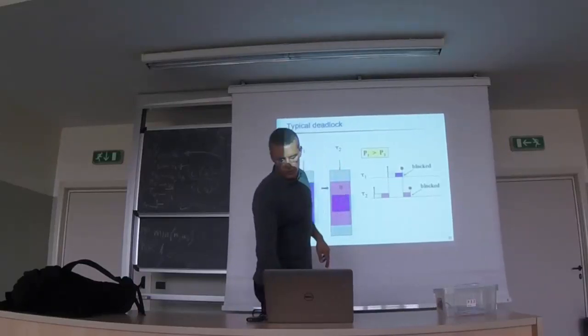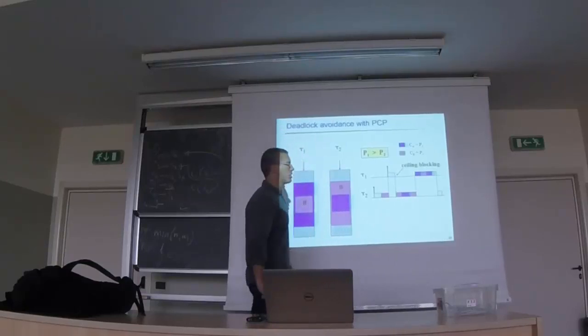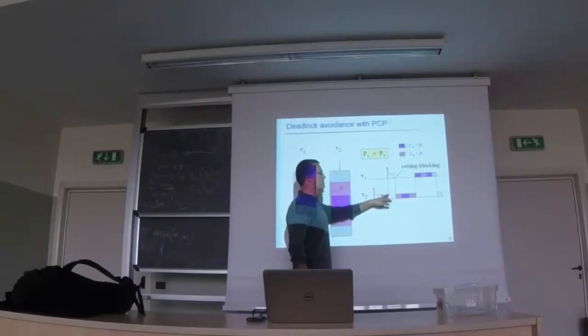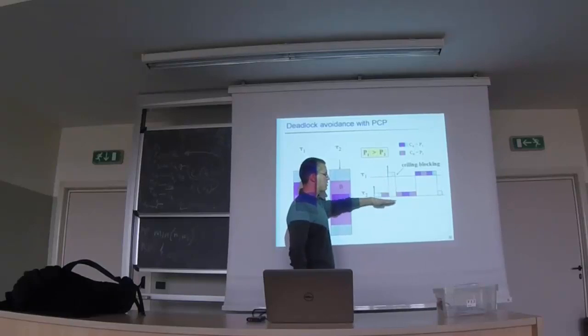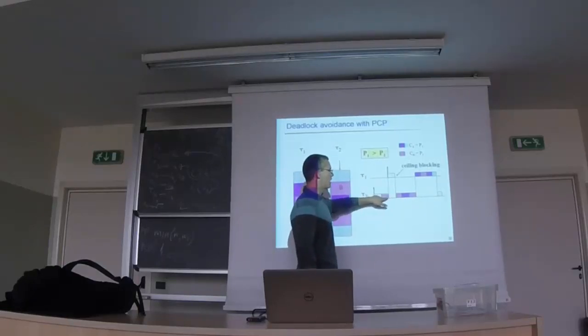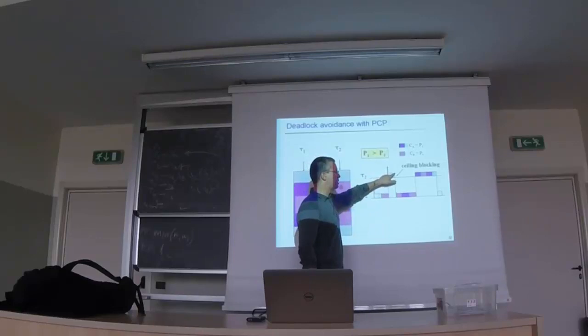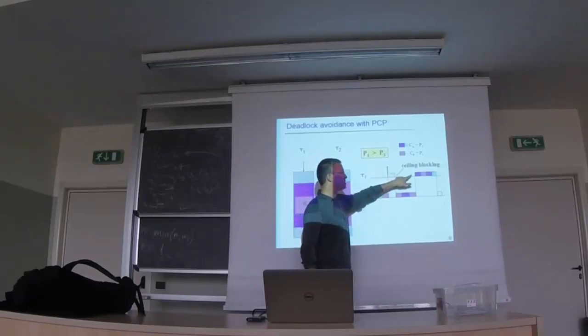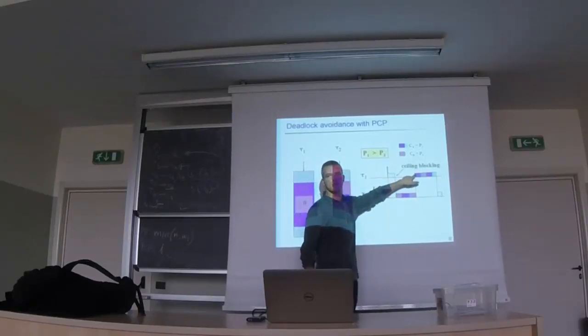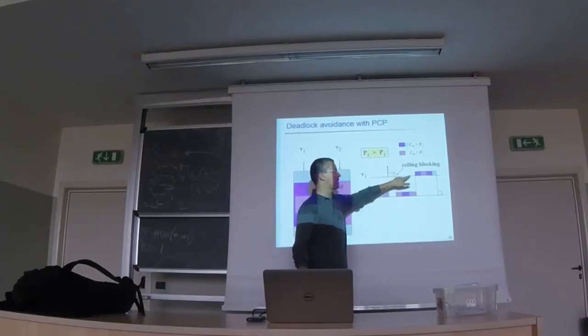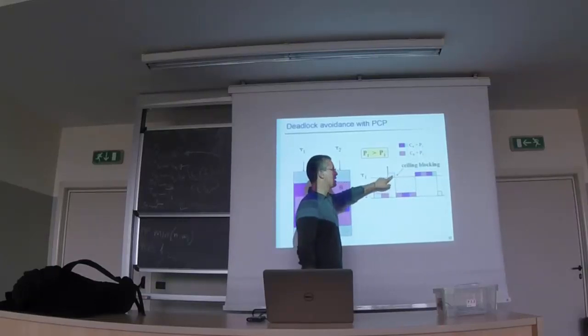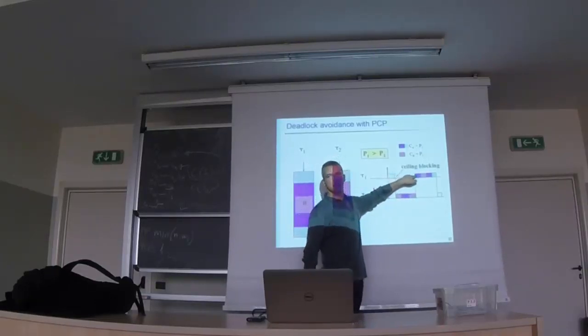What happens if you use priority ceiling? Same as before, here it arrives, this guy is allowed to start and to preempt because my execution priority is still low, okay? Then when this guy tries to lock this resource, when tau1 tries to lock the resource, it is ceiling blocked.